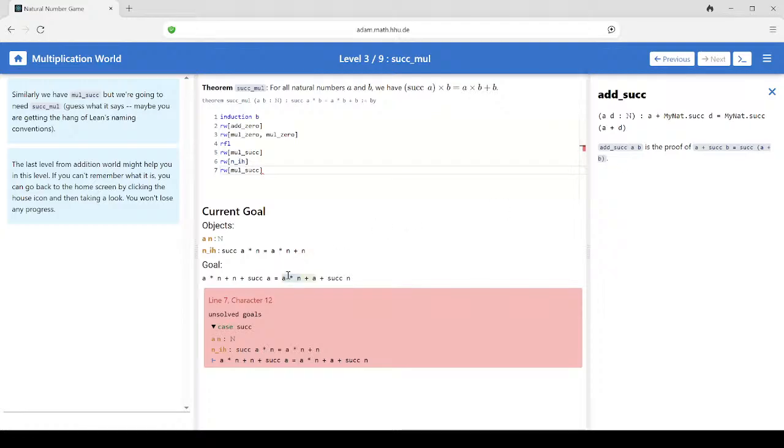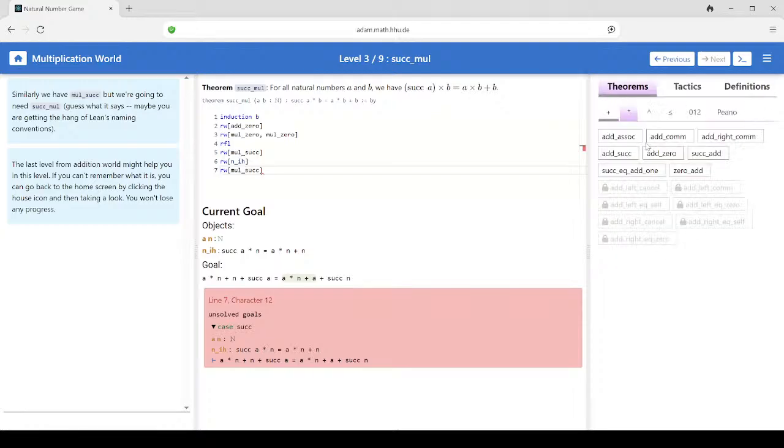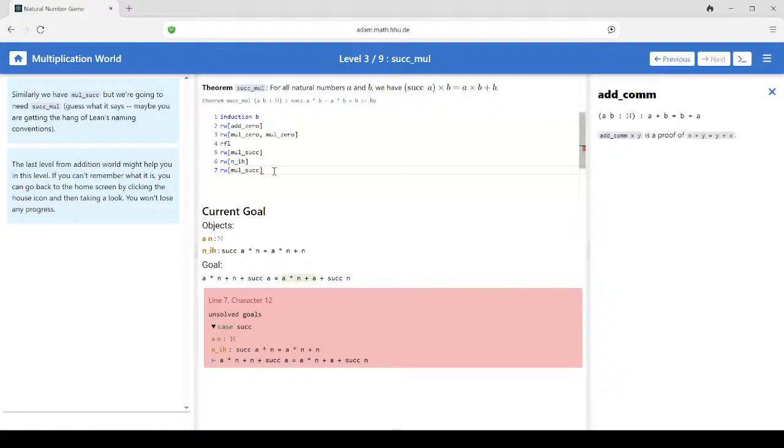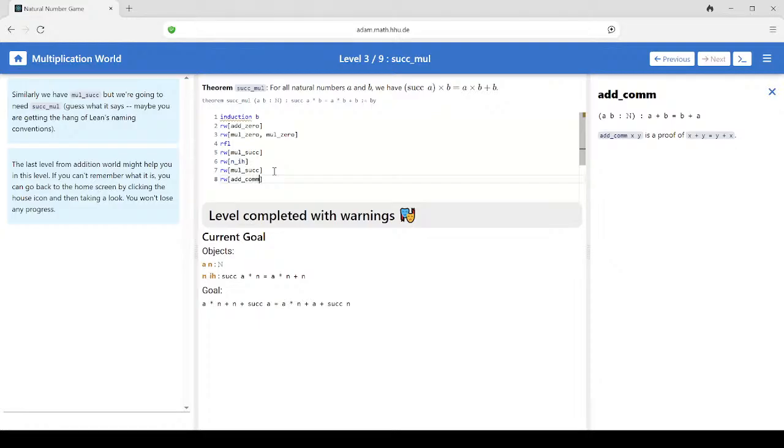Wait, I think I got it. All I need to do, we have n and successor a and successor n. All I have to do is switch around one of those using the commutative property. Rewrite with add commutative.